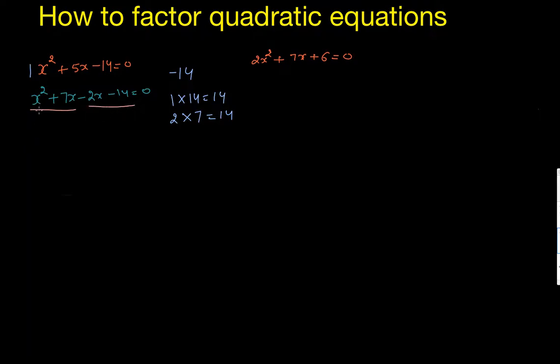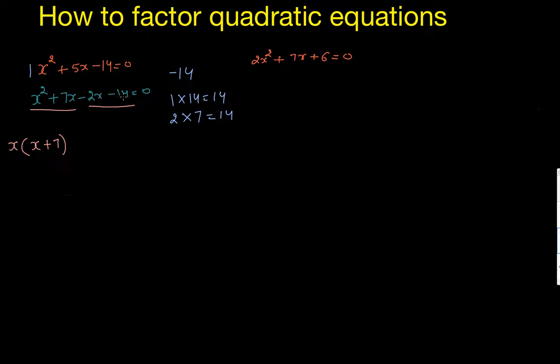I'm going to take x out from these two terms and put parentheses. If I take x out from x squared, I'm left with one more x here. Taking x out from the other term, I'm left with 7, so plus 7. I'll do the same thing with the other part.